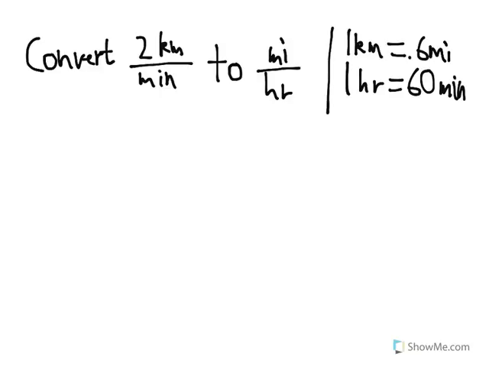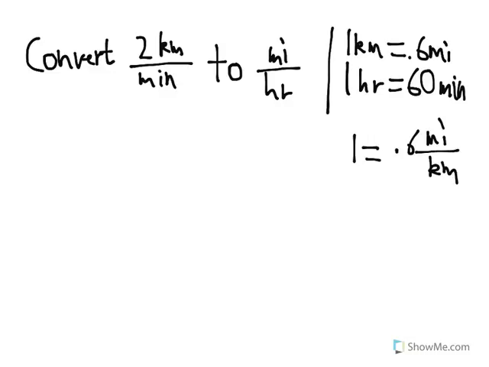In this problem, we're trying to convert 2 kilometers per minute into miles per hour. And this looks a little more difficult than last time. Now we have 2 sets of units to worry about rather than 1. But in this case, we're just going to do it one step at a time. So first, let's convert kilometers into miles. We know that 1 kilometer equals 0.6 miles. So we can divide by kilometers and say 1 equals 0.6 miles over kilometers.